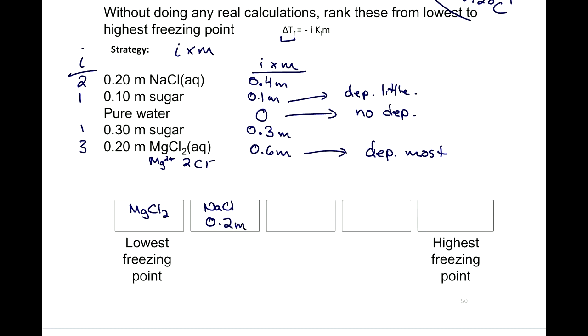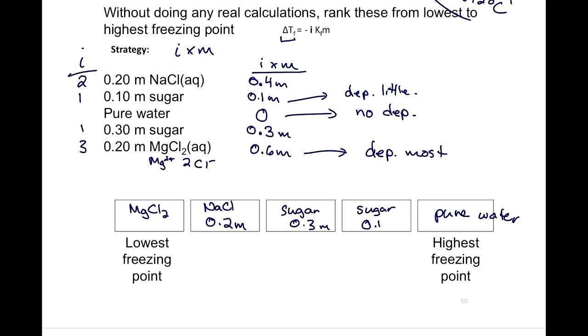Next it's going to be the sugar solution that is 0.3 molality. Next it's going to be the 0.1 molality sugar solution. And then the highest freezing point is just going to be pure water. Remember, it's always freezing point depression. All solutions will always have lower freezing points than the pure solvent.